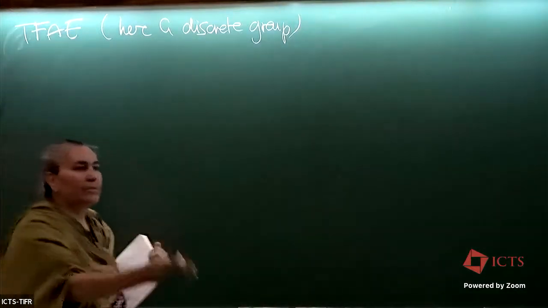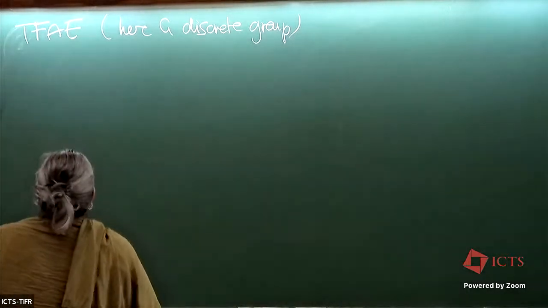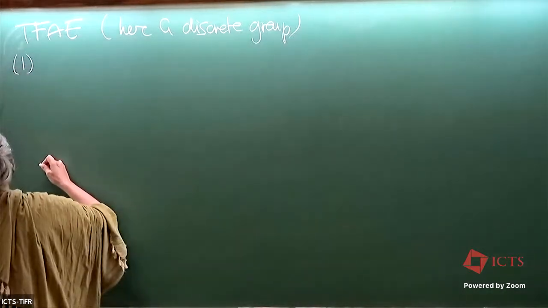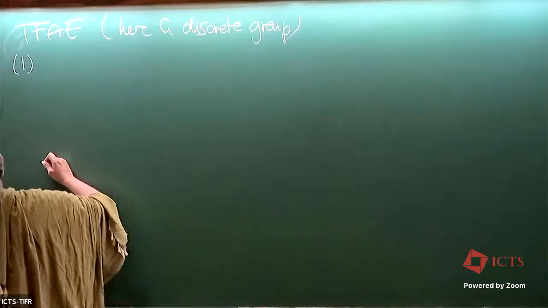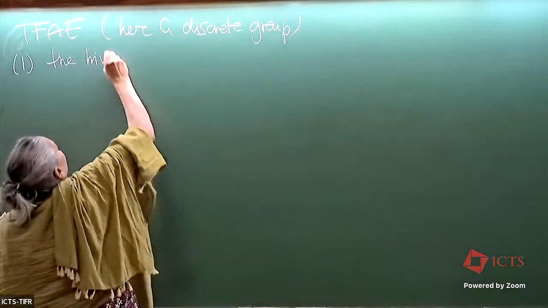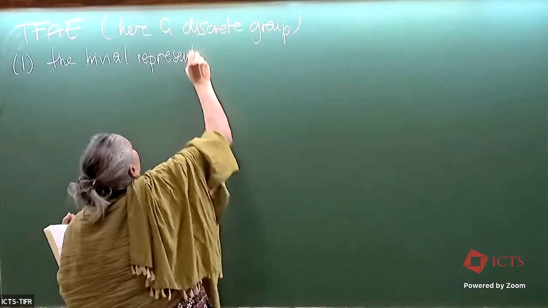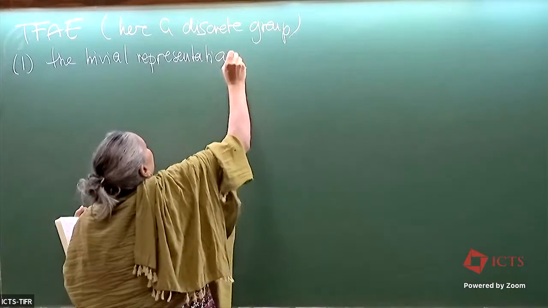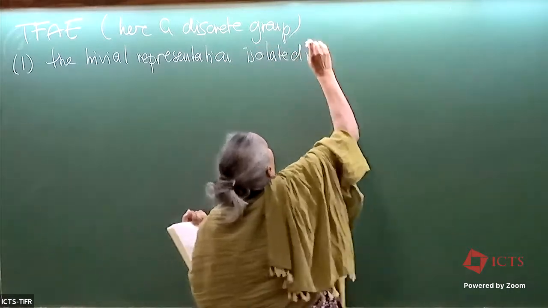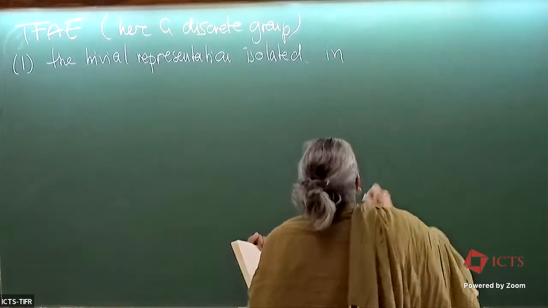And I'm going to give you a list of equivalent definitions of property T. So this is the original one: the trivial representation is isolated in G hat.